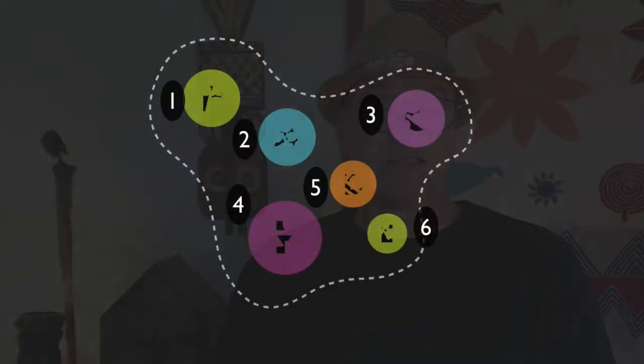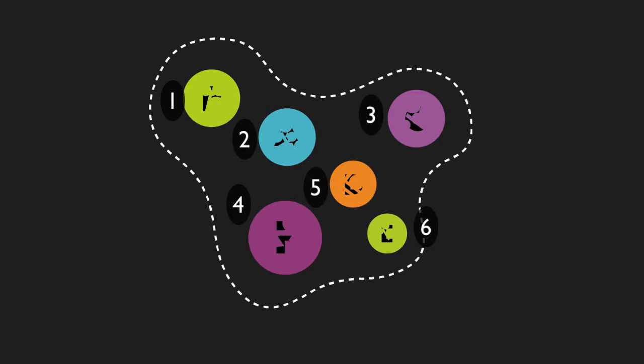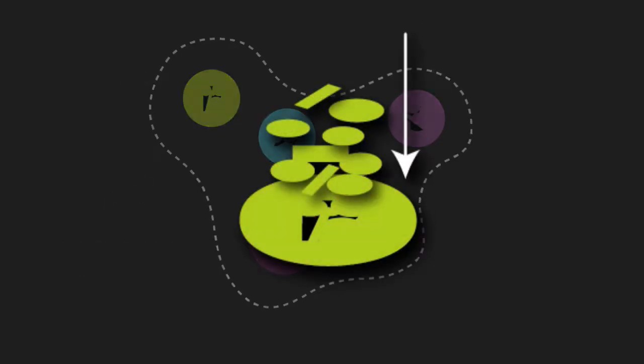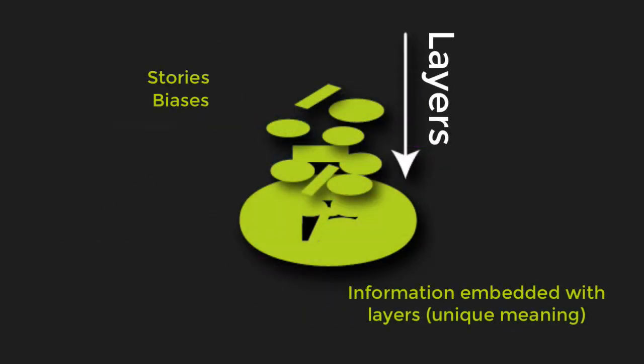All right. If you look at the 6 images that you see on the screen, they represent fragments of information. The images are not clear, just like information is never straightforward. They are obscured with layers of stories, biases, culture, symbolism, and meaning, all embedded in the information.